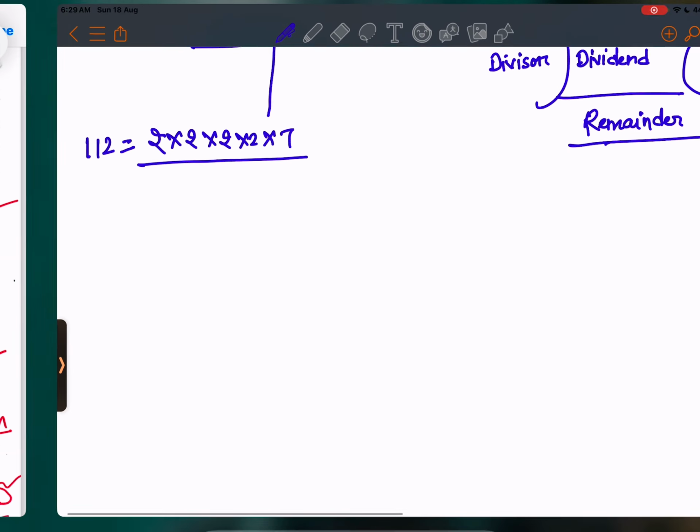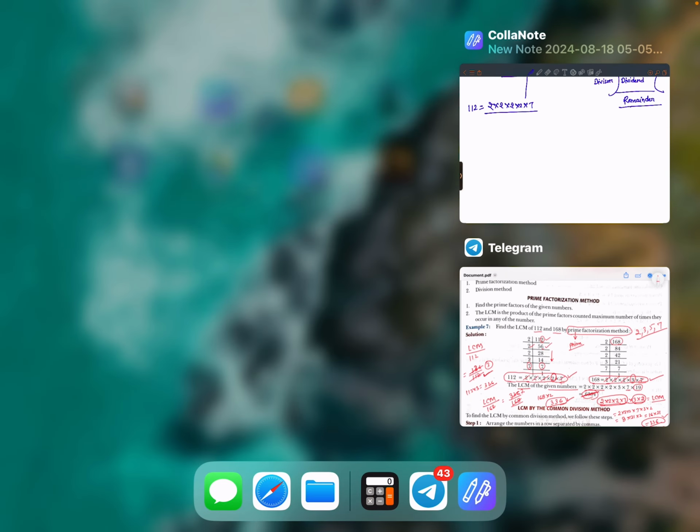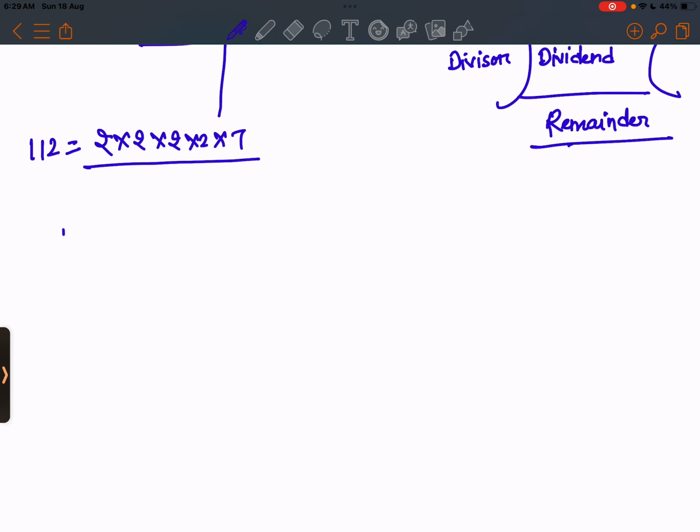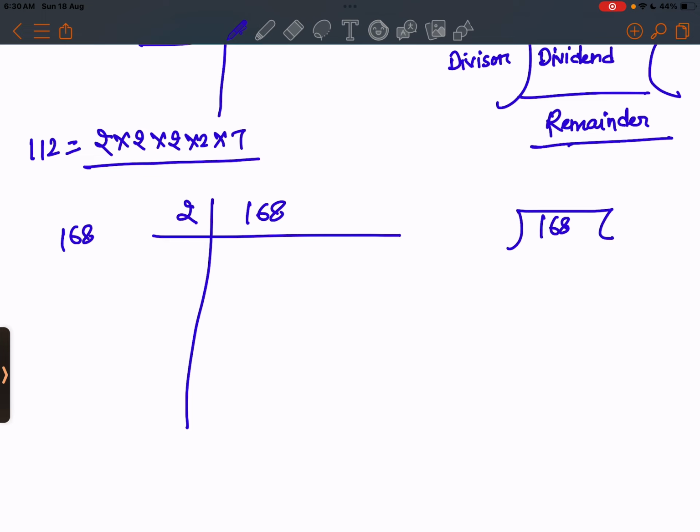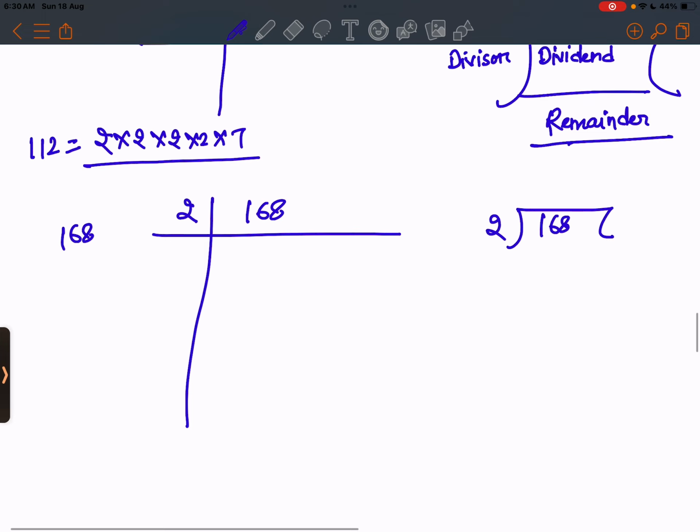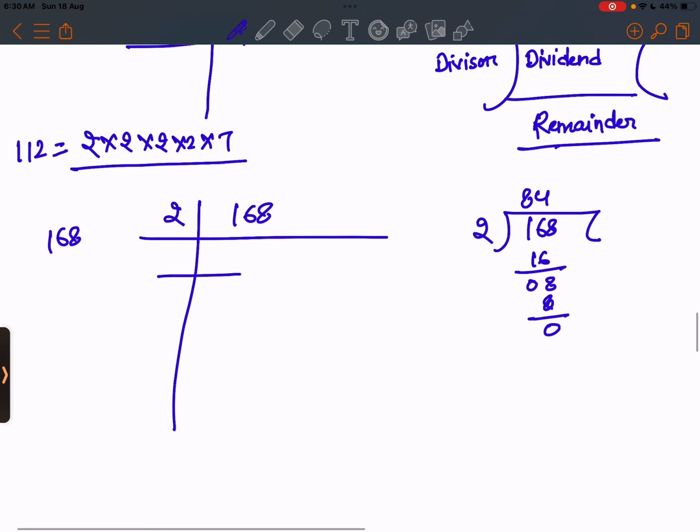Now the next number, what was the next number? 168 was the next number. So in a similar way, go for 168. If you divide 168 by 2, how will you do it? 2 eights are 16, 0, put the 8 as it is, 2 fours are 8, remainder 0. Write here the quotient.